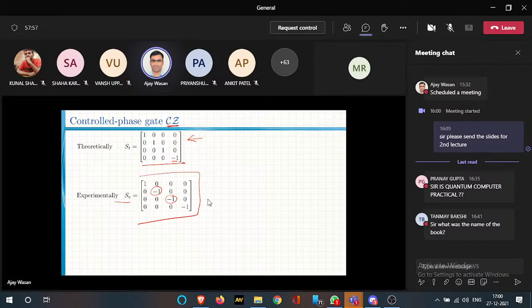And for doing this, recently people have also shown that some phases are coming from the laser, and people are playing with the phase of the laser to correct them. Until now we were talking about the atom. Now we are talking about the lasers, because when we are applying the pulses, we are applying them using the lasers.